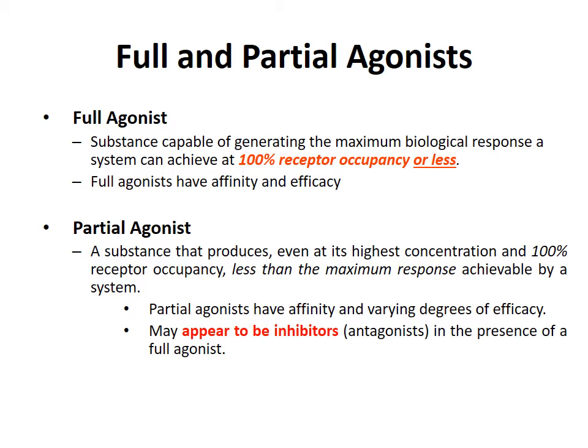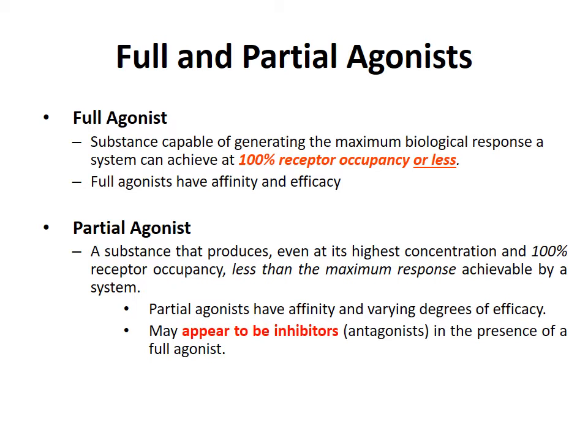A partial agonist, and there's the definition there, but I'll summarize it in my own words. A partial agonist is an activator or agonist that never produces the full biological response that the system can achieve.